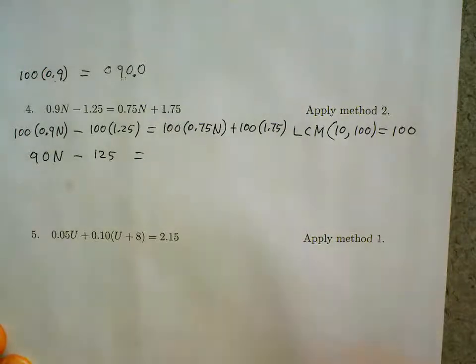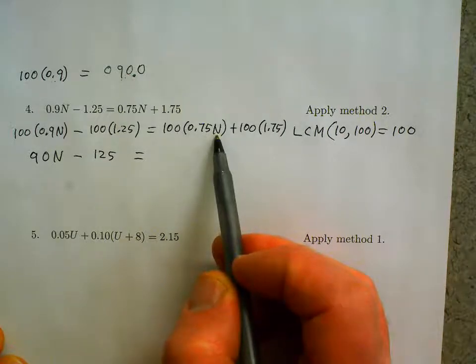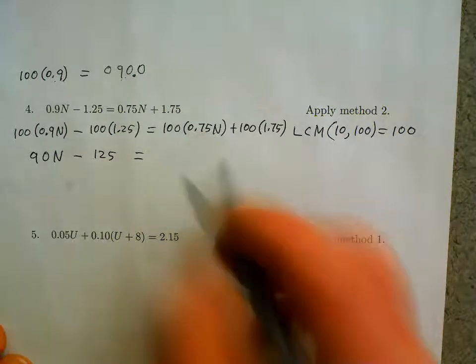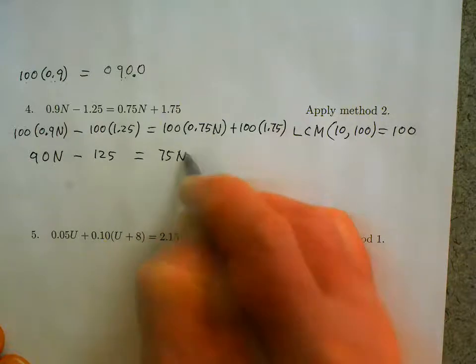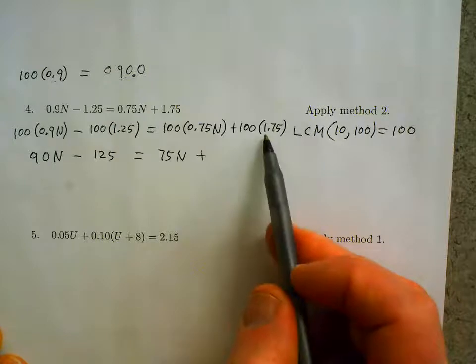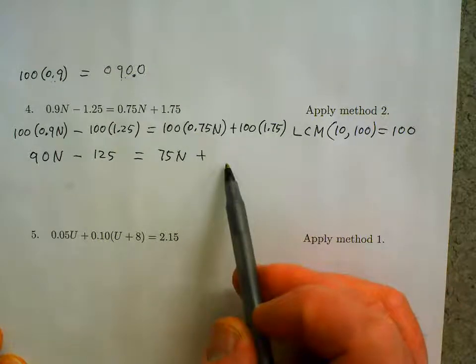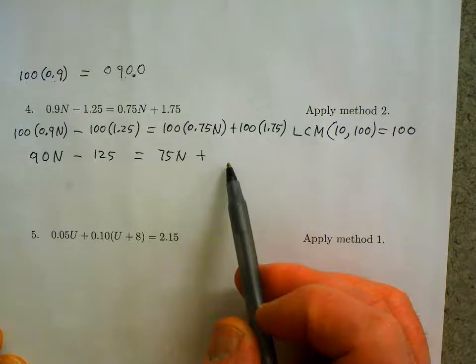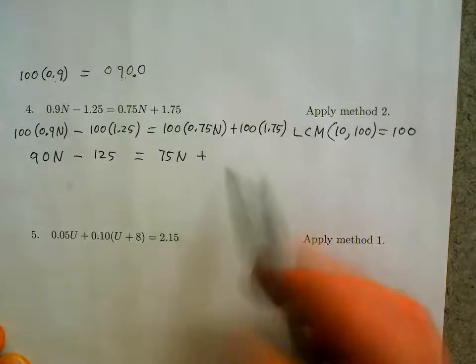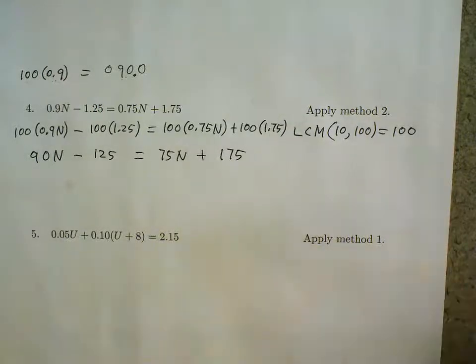Then on the right-hand side, 100 times 0.75n, 75n. And then 100 times 1.75, how much is that? 175. Yeah, 175. So now we don't have any more decimals.